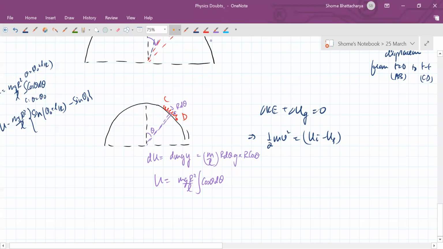But now we're integrating it from C to D. So at C, what is the value of theta? It is theta naught. And at D, what is the value of theta? It is theta naught plus L by R. So limits become theta naught to theta naught plus L by R. Is it clear now, Shikhar?